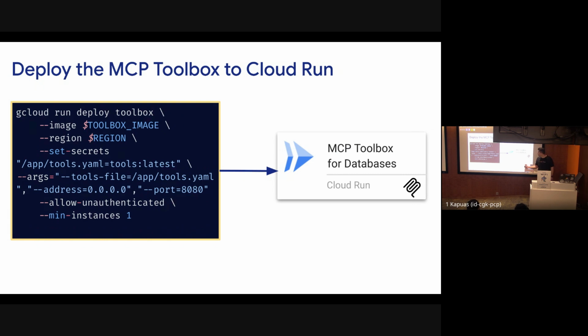You can specify which region it is in. You can provide some secrets as well if you've got API keys or usernames, passwords, and things like that. With that single step, we now have a secure, scalable resource and reusable toolbox that any agent in your organization can use. It's as simple as that.